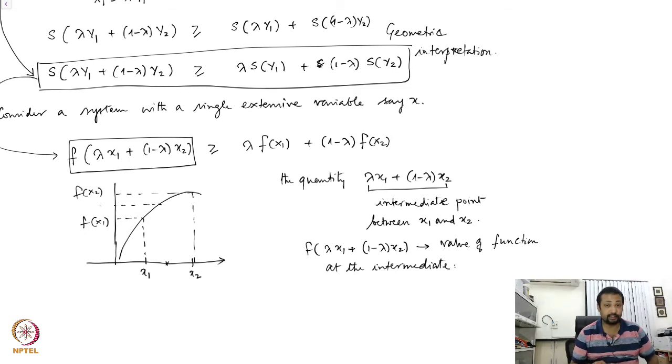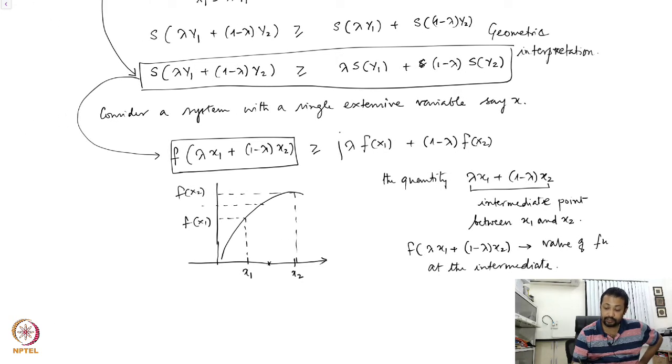Now look at the right hand side. It says that what I have as lambda f of x1 plus 1 minus lambda f of x2 belongs to the line joining f of x1 and f of x2.